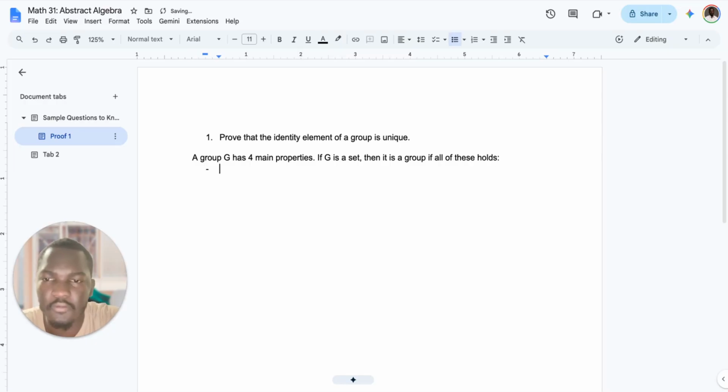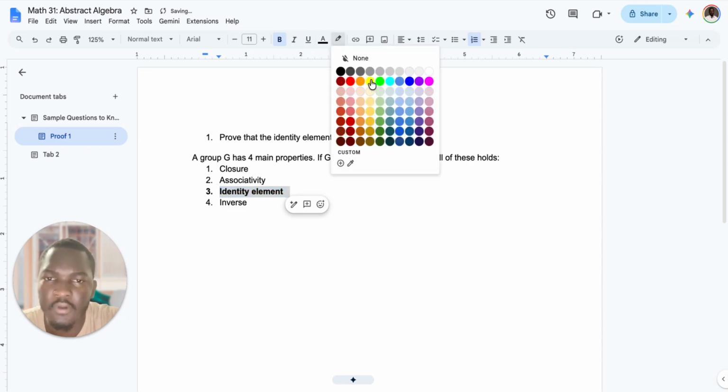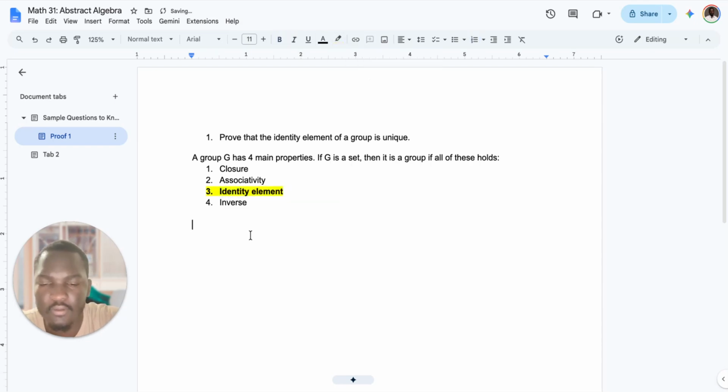We have closure, associativity holds, identity element, and inverse. Among these 4, we are looking at number 3. That's where our interest is. So, the proof.